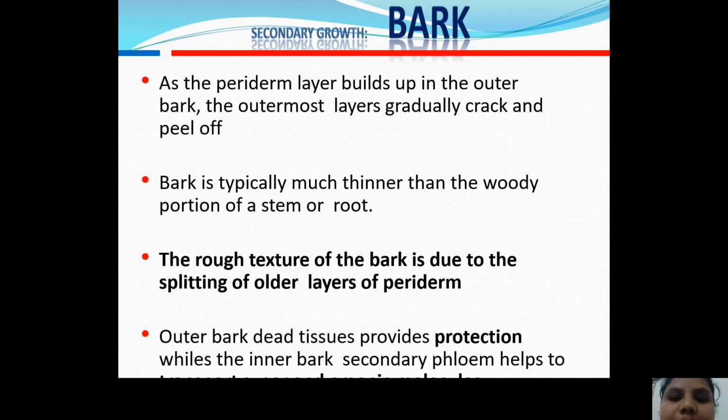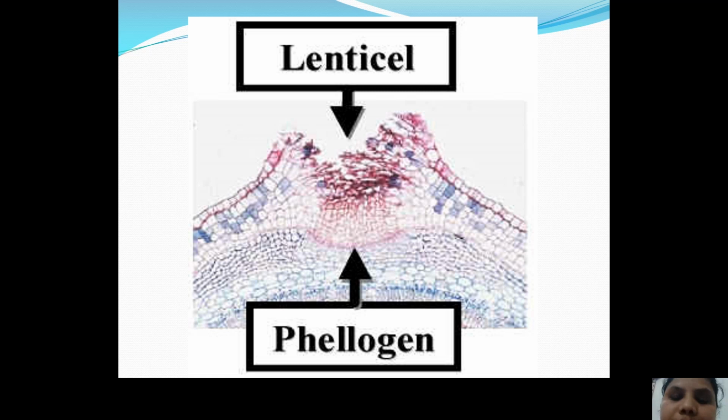Now, these lenticels are the lens-shaped structures which are formed in the periderm for the exchange of gases, as the suberin deposited cork cells are impervious to gases.